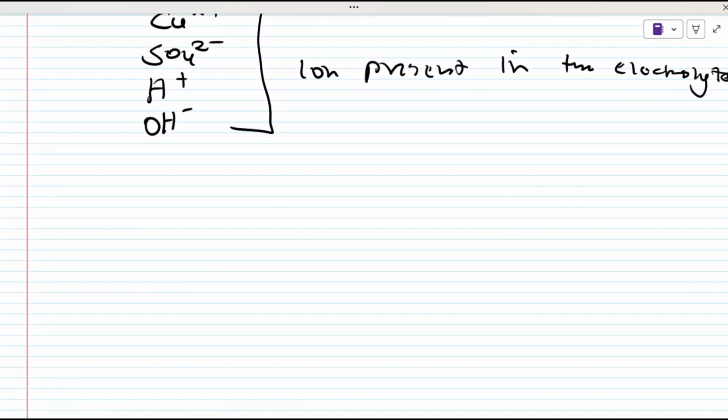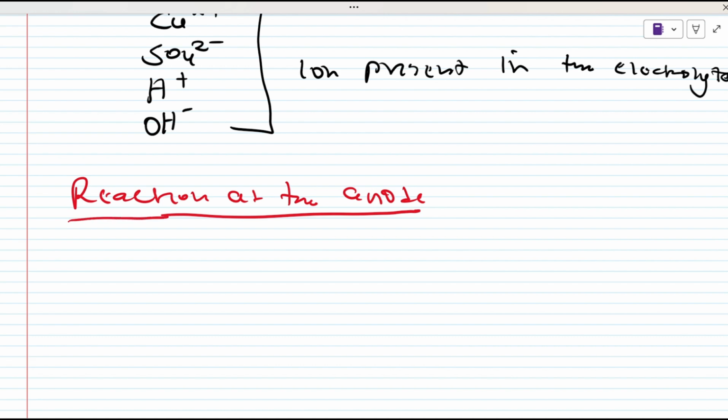So the first thing we need to know is the reaction at the anode, because it is at the anode that electrons are donated. So the first thing is the reaction at the anode. It is also known as the oxidation reaction.